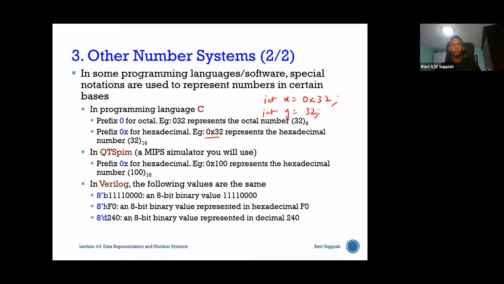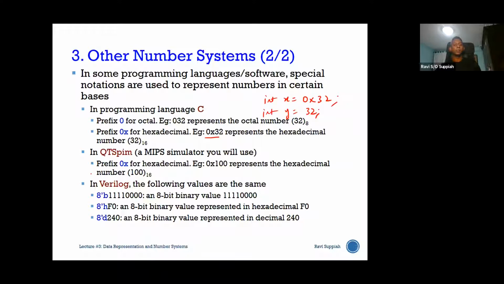Because 32 without any prefix is by default considered a decimal number. But 0x32 means it's a hexadecimal value 32. So these are two totally different values. We will see in a while how to relate them together.